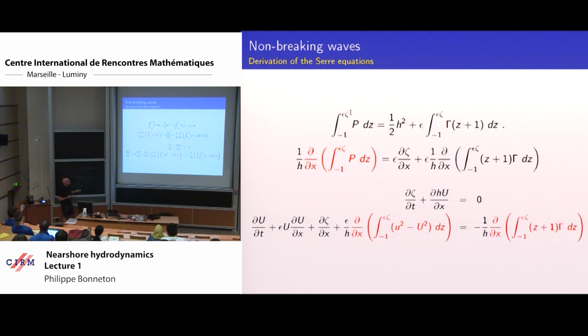So this term is a pressure gradient, also named the hydrostatic pressure gradient because we have made the hydrostatic approximation. But if gamma is not small, you have to take this term into account.